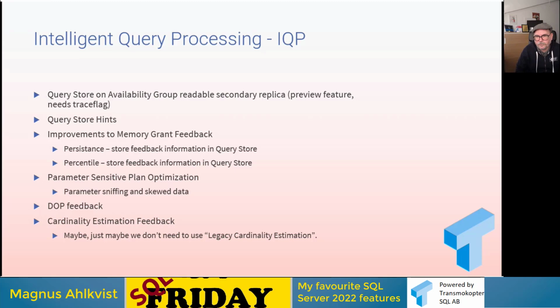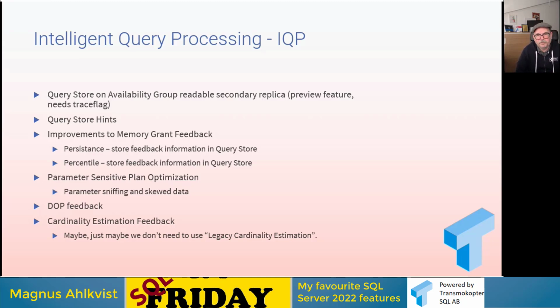When SQL Server creates an execution plan, it tries to figure out what's the cost of this execution plan, what's the cost of each operator. And that's a guess. And that guess could be completely wrong. If you have a bad cardinality estimation, well, then the real cost is going to be different.